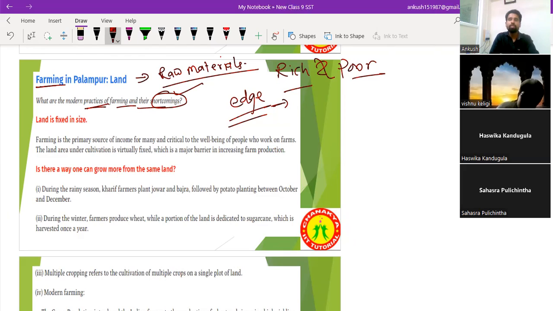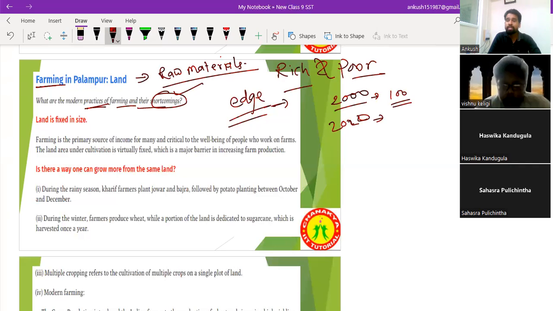Now suppose, for example, in 2000, in a particular farmland, 100 people were required as laborers. But by 2022, those numbers have reduced to 20 only. So only skilled workers are required.